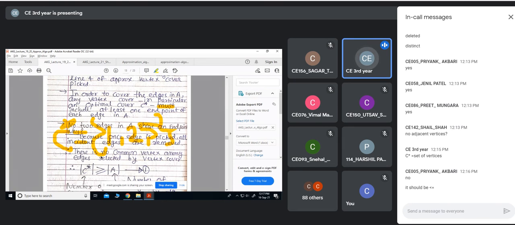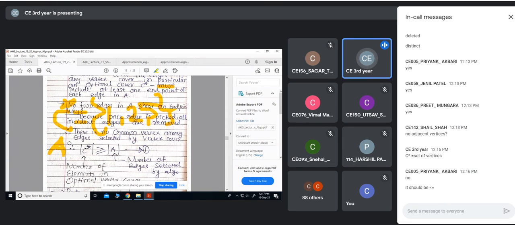And A is a set of edges. Let's say there are a few edges. If 1 is coming here, let's say the edge 1, 3, then 1 will not come anywhere else because no two edges share any endpoint.